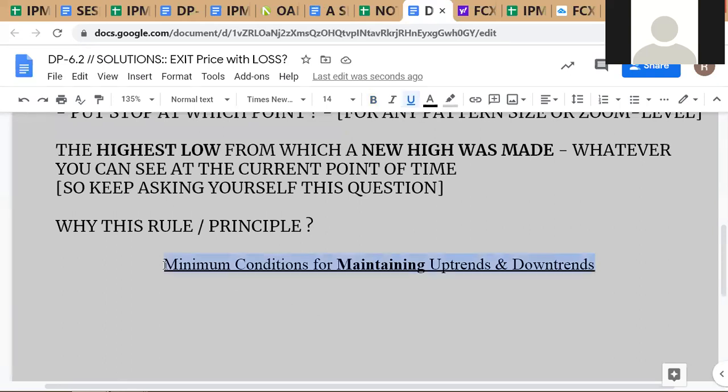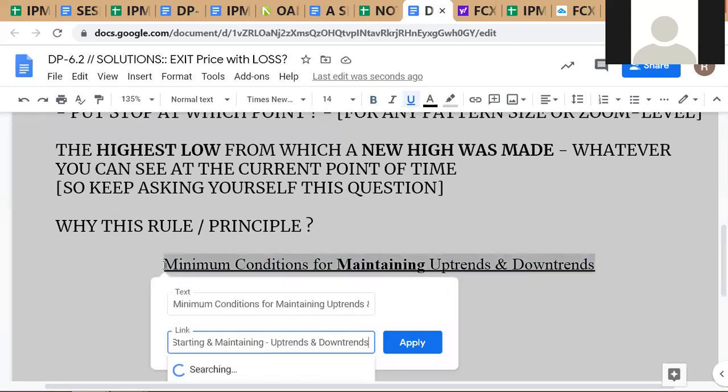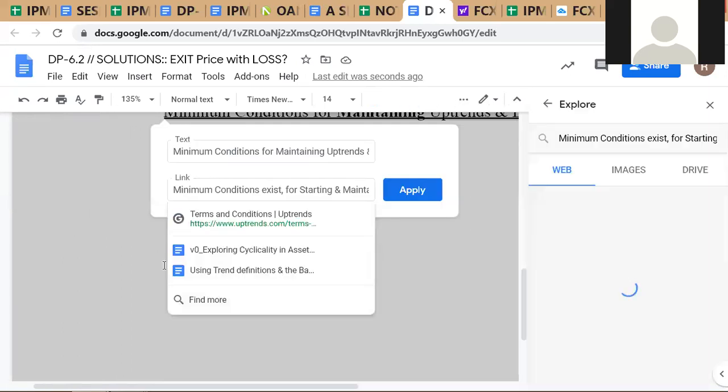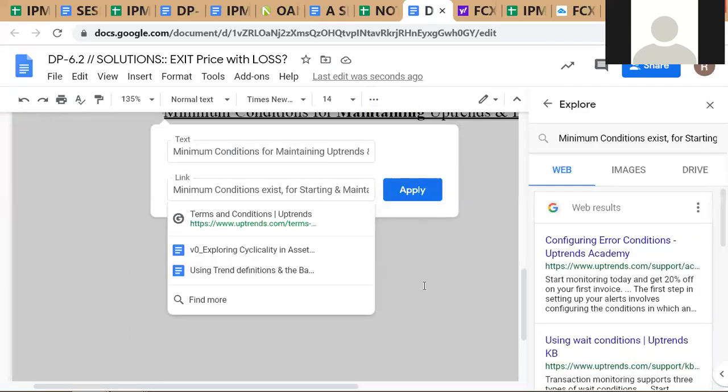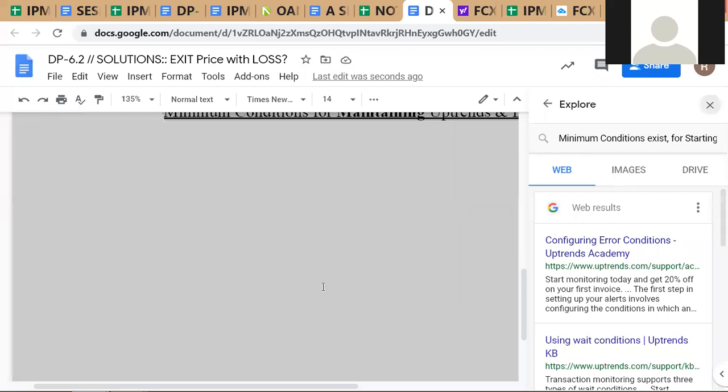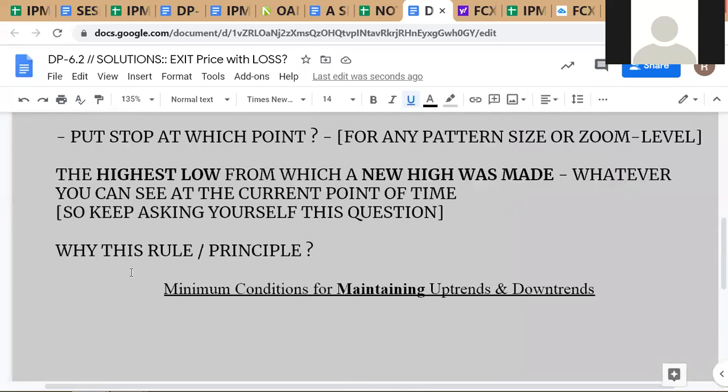So I'm saving you a lot of work. Hopefully it comes up with the hyperlink. No, it doesn't, but it's okay. You should remember that this subtopic comes from the cyclicality note.